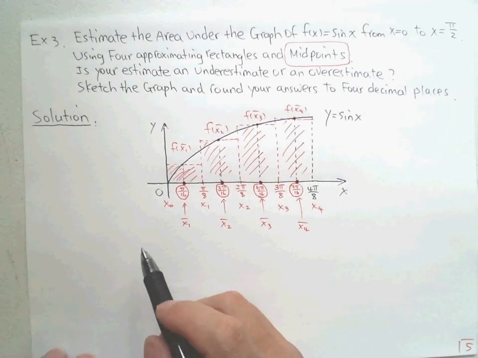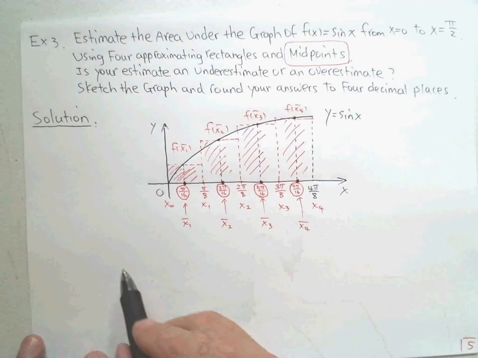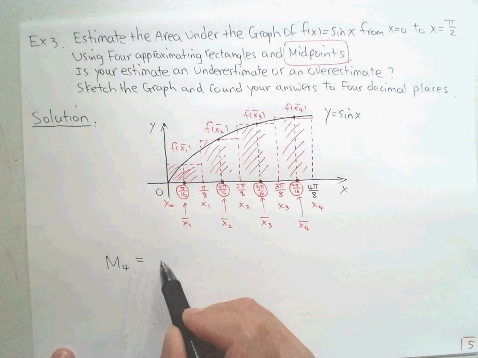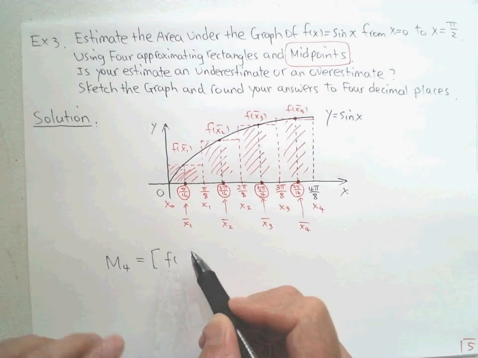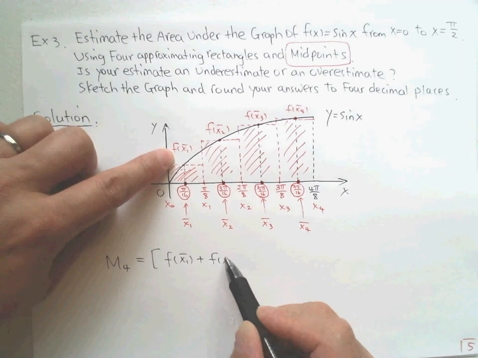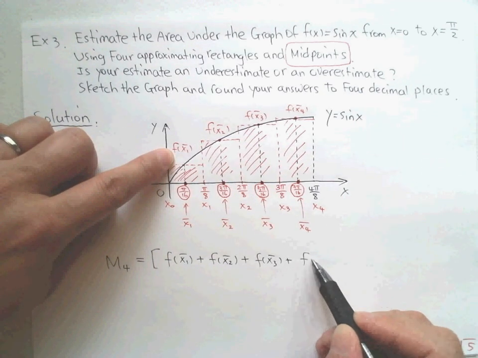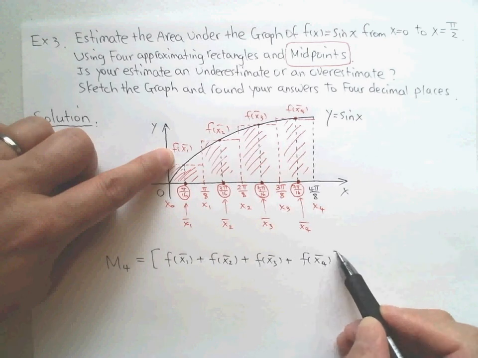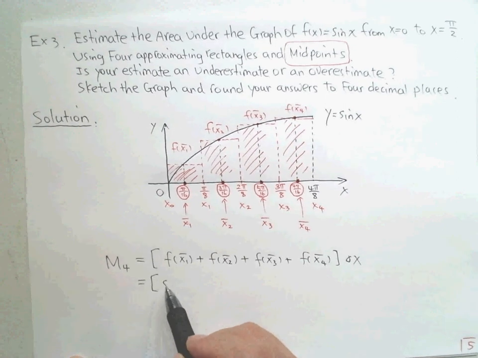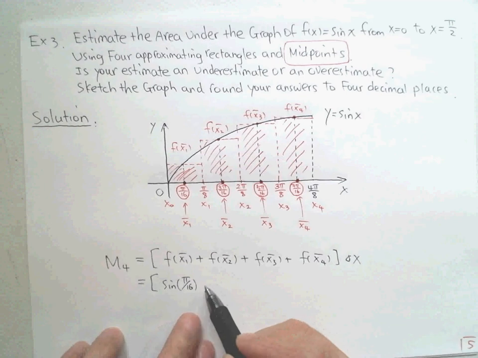How to find this, this time it is M4, right? So we need to do this. M4 is, remember the formula, I use the formula: f(x1 bar) plus f(x2 bar) plus f(x3 bar) plus f(x4 bar), times delta x. Okay, and plug in everything. The first is pi over 16, right?